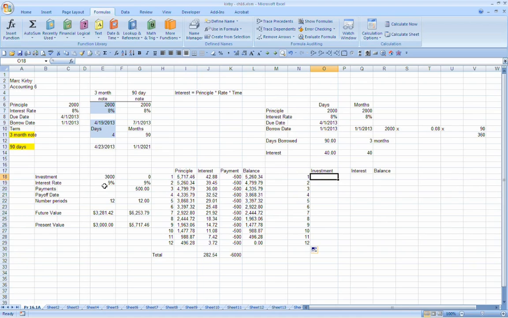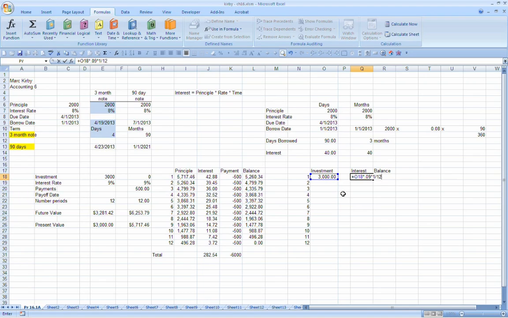this original entry here. I made a $3,000 investment. I'm going to have to format it right. My interest was at 9% for 12 periods. So plus the investment times 9% times 1 divided by 12.